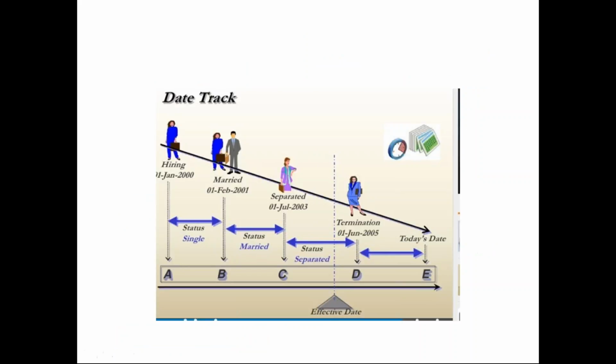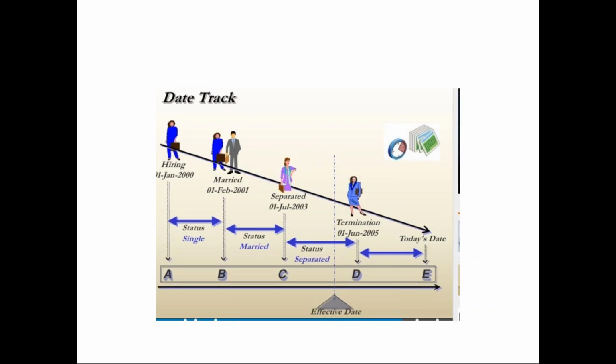Next, this is a main feature in HRMS compared with the other models that we have. This is one of the best features: data tracking. For example, consider our personal life from childhood until retirement.